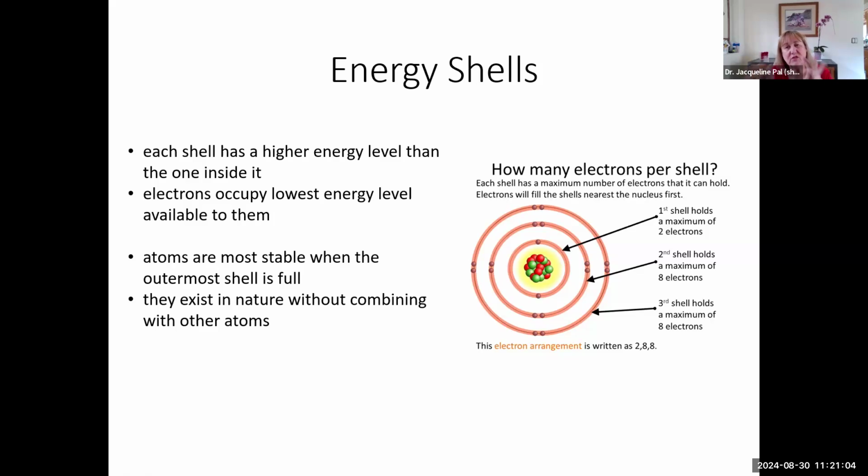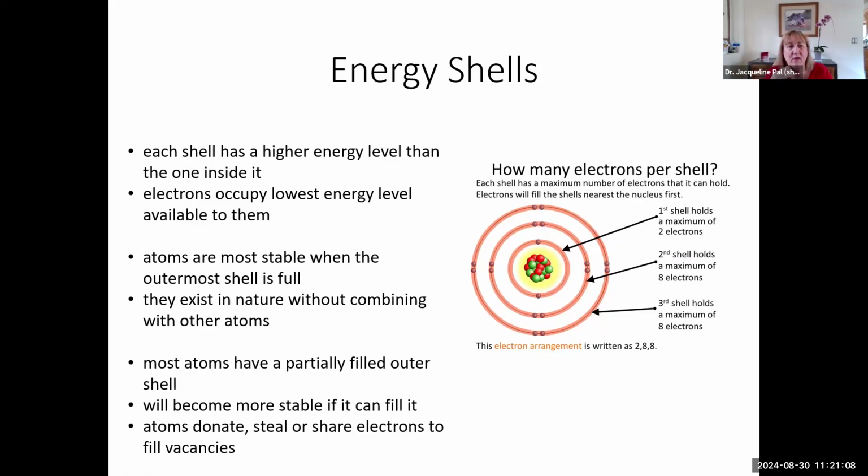But if that outermost shell is not full, it's going to look to combine with other atoms. Most atoms actually have a partially filled outer shell, and they're only going to become stable if they can fill it. The way to fill it is to donate electrons, steal electrons, or share electrons.